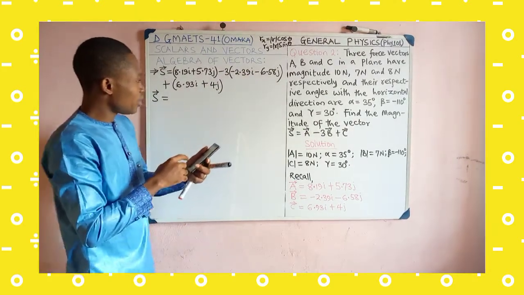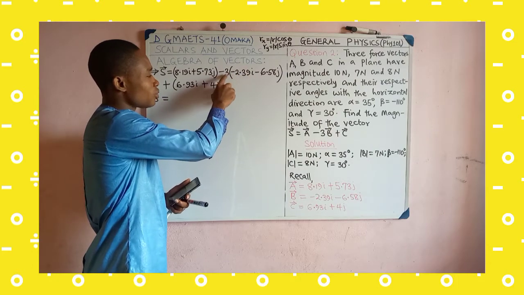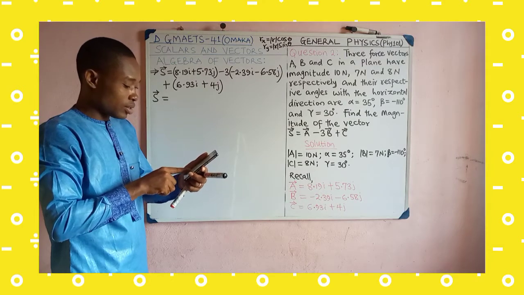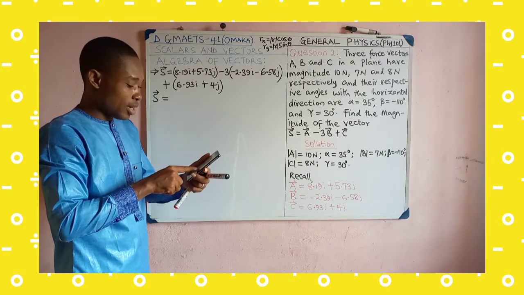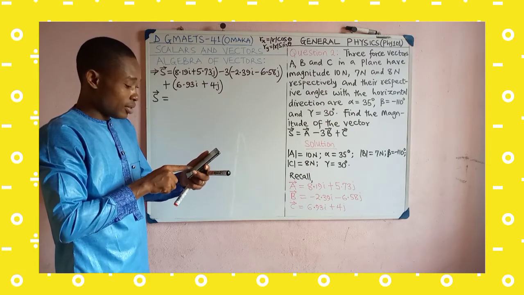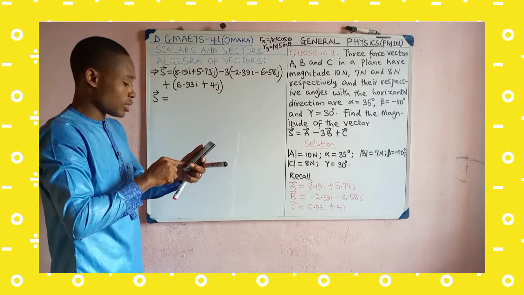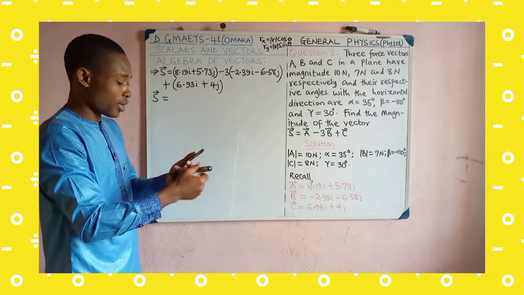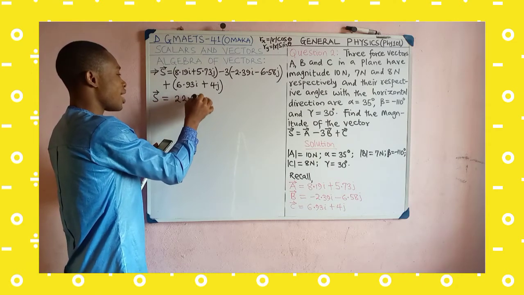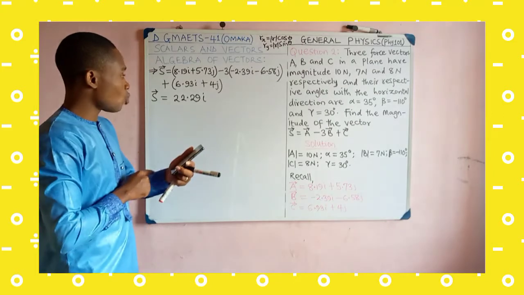So minus 3 times minus 2.39 changes to plus 3 times 2.39, added to the x component of C, which is 6.93. This gives me 22.29i.